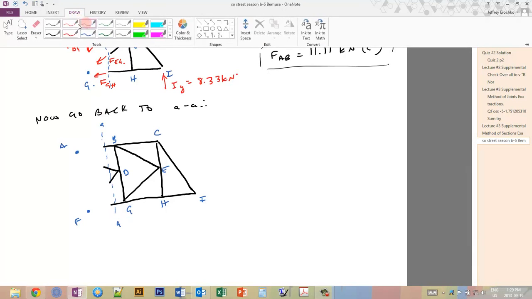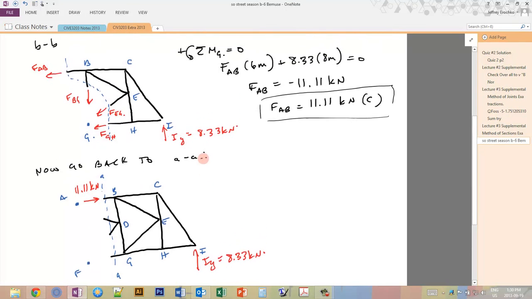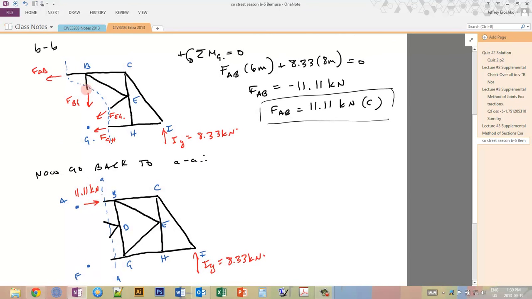Okay, so then we have some forces. This is IY again, 8.33 kilonewtons. And now we've got 11.11 kilonewtons. This is AB. This is the force that we solved for when we made this secondary cut BB.